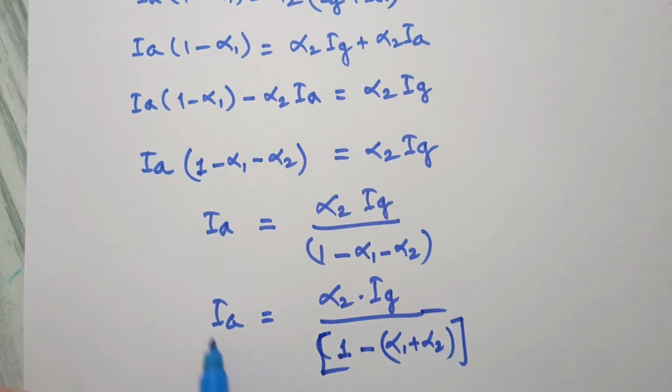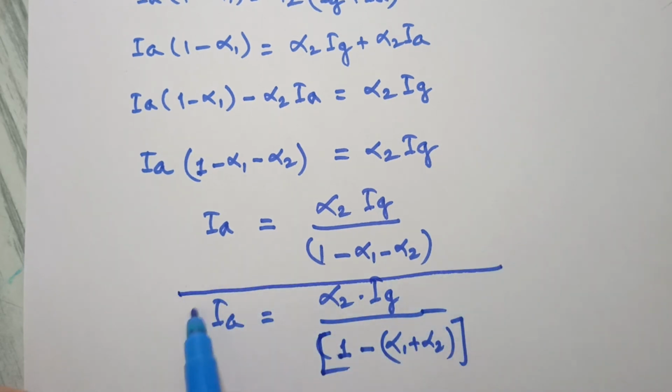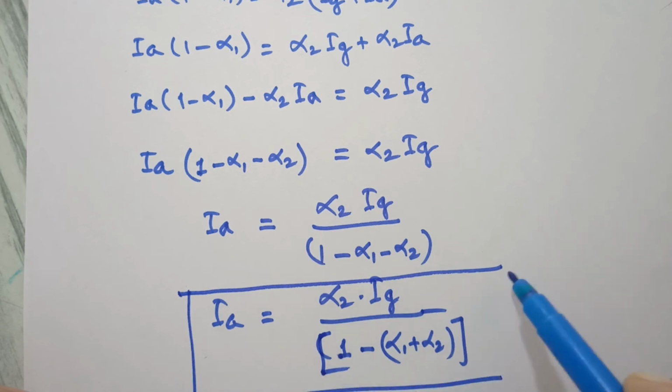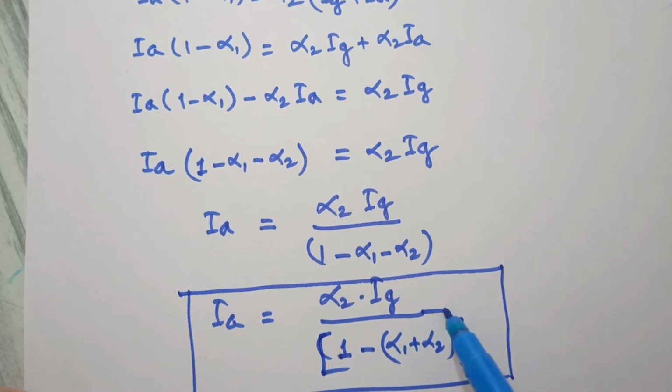Right, so this is the expression for anode current.